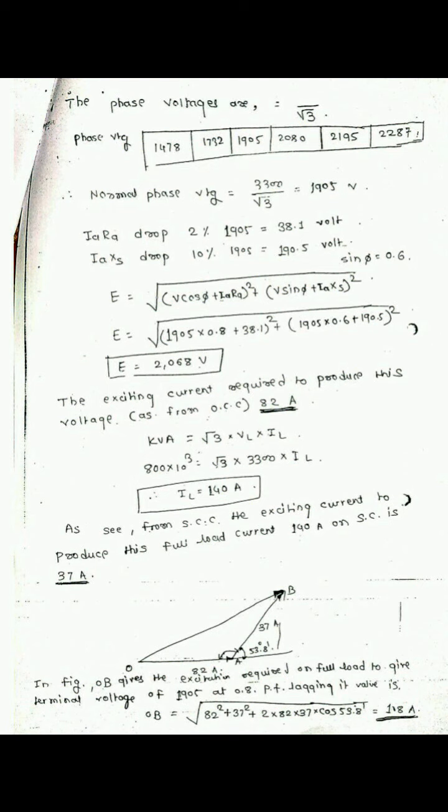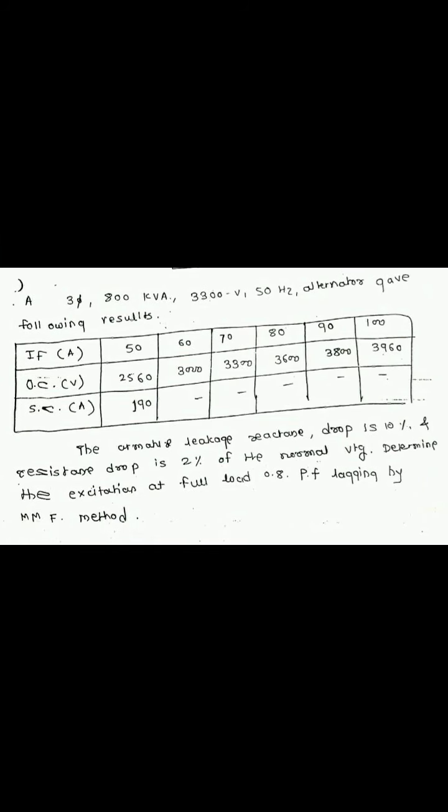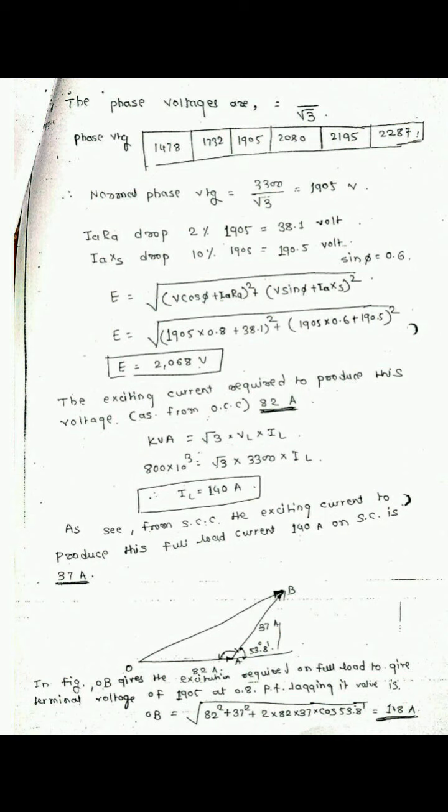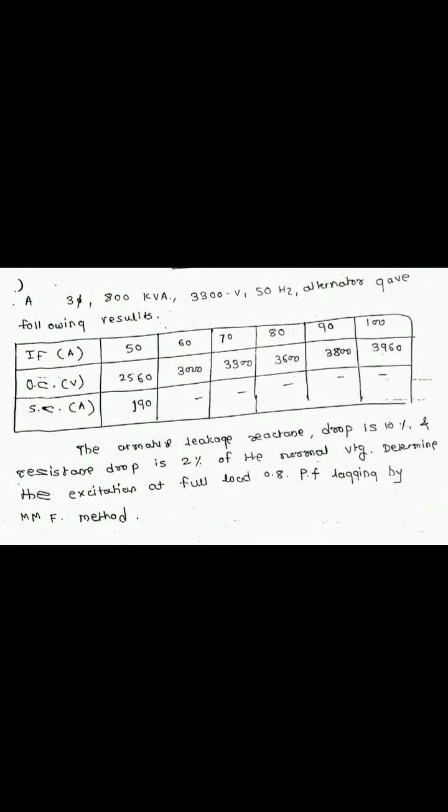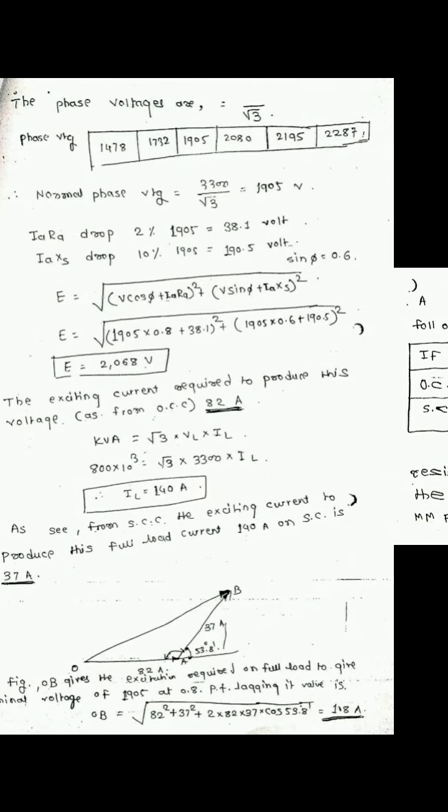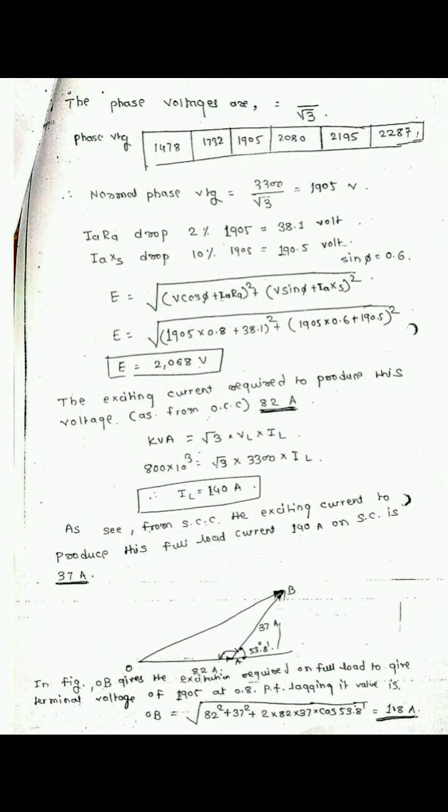The IXs drop, that is the reactance drop, is 10%, so 10% of 1905 is 190.5 volts. We have the power factor 0.8, so calculate the value of sin phi, that is 0.6. From that we want to calculate the value of E.